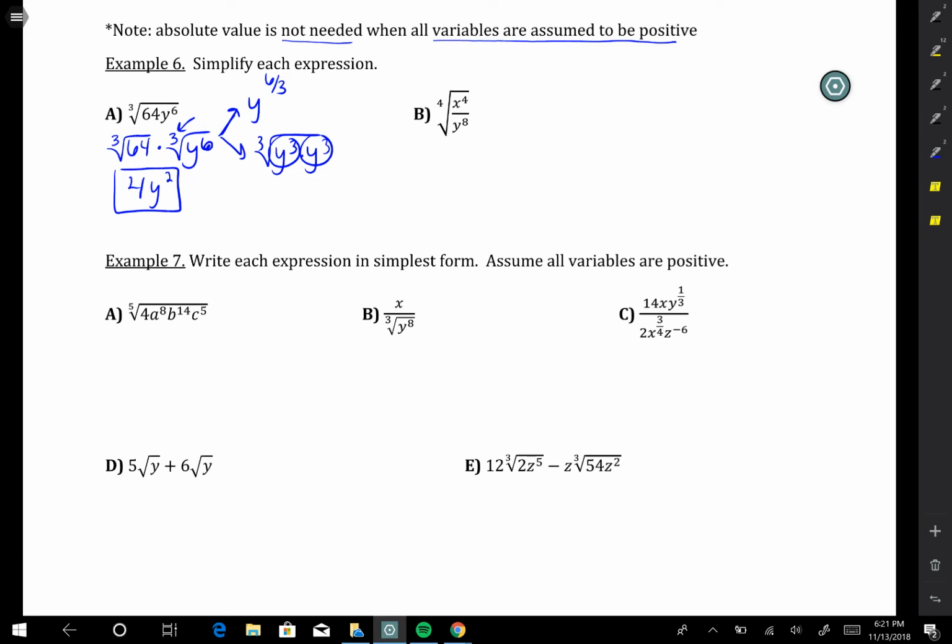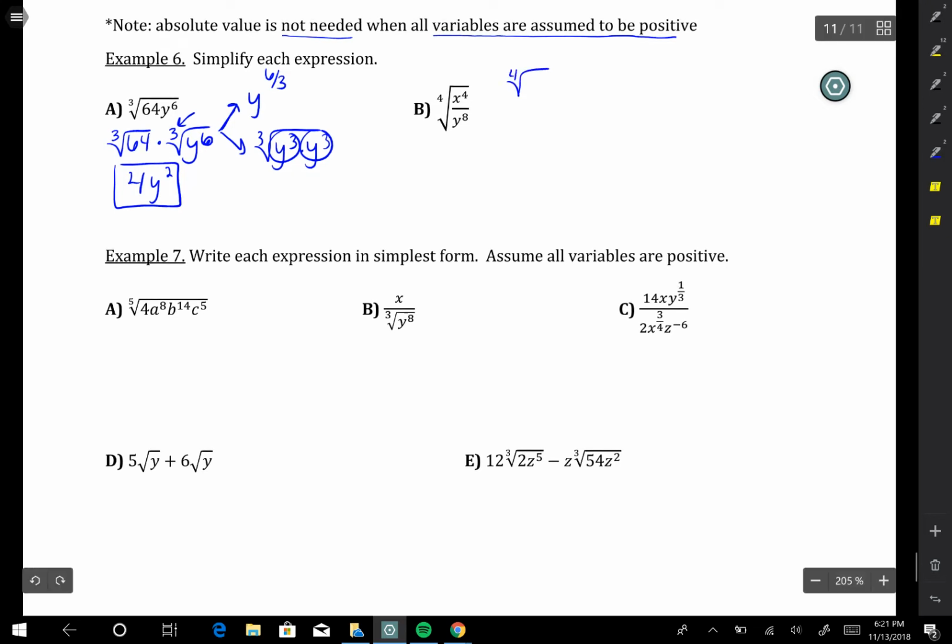So if we look at b, I have the fourth root of x to the fourth over y to the eighth. The first thing I'm going to do is separate this radical into two different ones and take the numerator and denominator separately. Now, as I mentioned before, if the power of your variable is divisible by the index of your root, that is a perfect root. And both of these are that, because the fourth root of x to the fourth would just be x to the first.